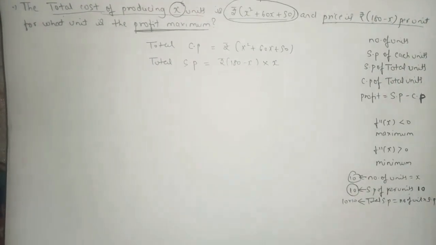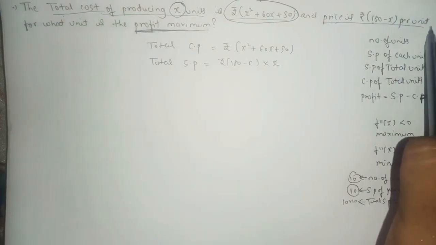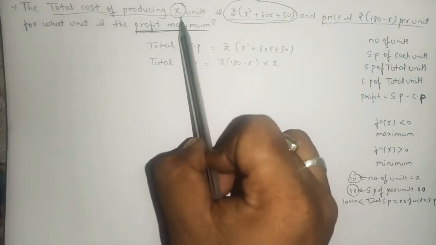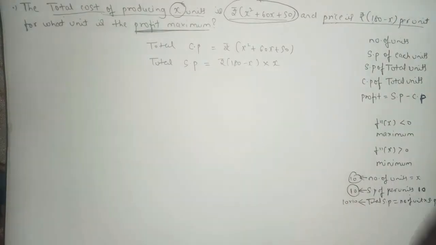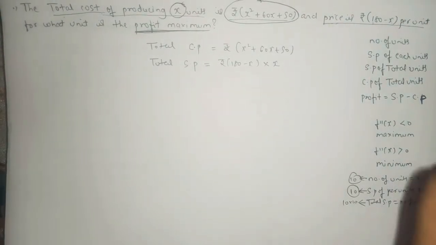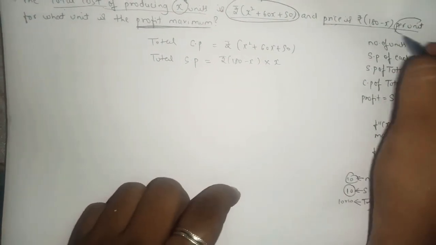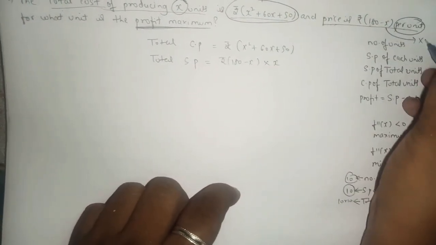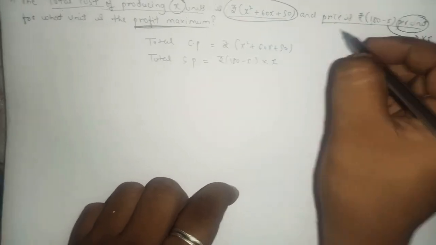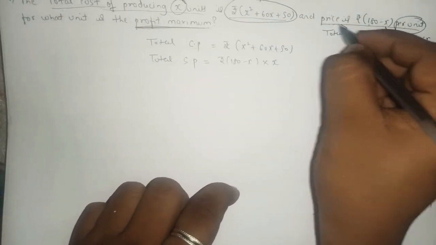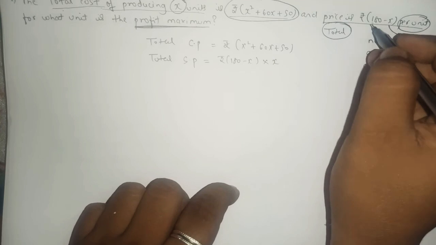Whenever you come across this type of sum, wherever you see the per unit, whether it is for cost price or selling price, that per unit section you will multiply by x to get the total price.